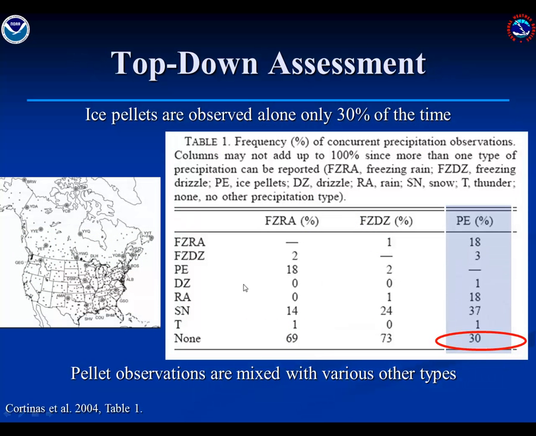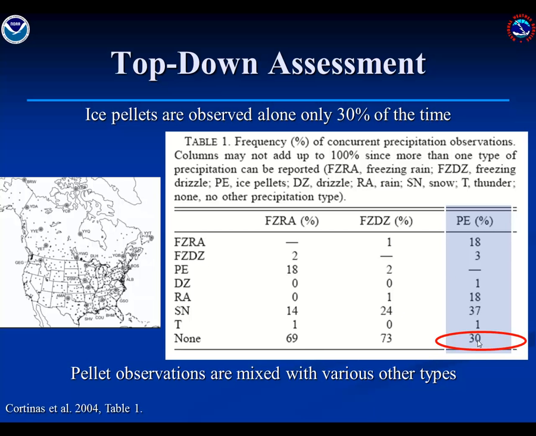One other operational note to add, ice pellets are pretty rare to get all on their own. They tend to reside in parameter space that has other types associated with it. So the thermodynamics, because it's in that 1 to 3 range Celsius of max temperature aloft, and then also found at ranges that are warmer than 3 Celsius, you tend to get ice pellets that are typically mixed with other precipitation types.